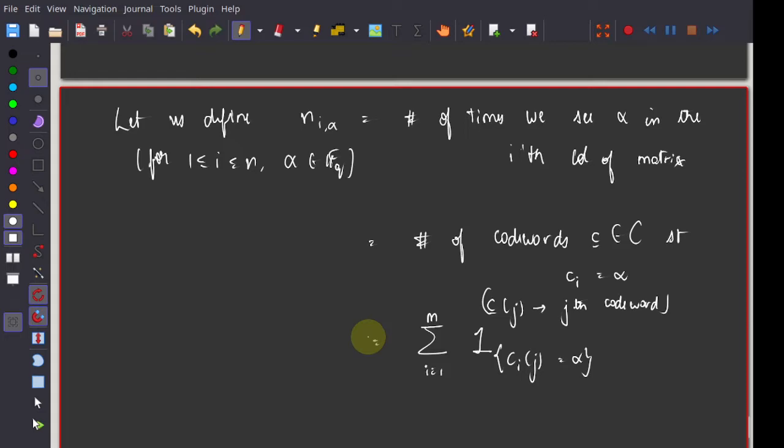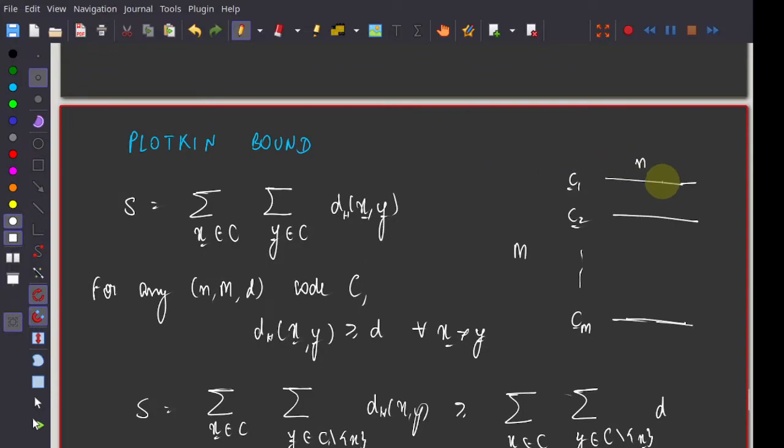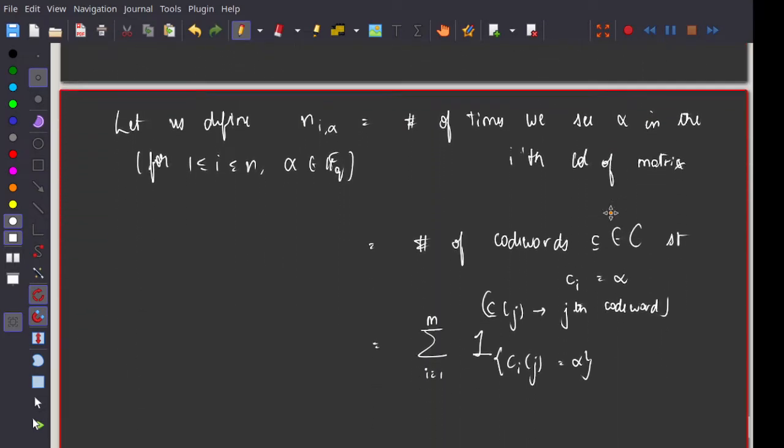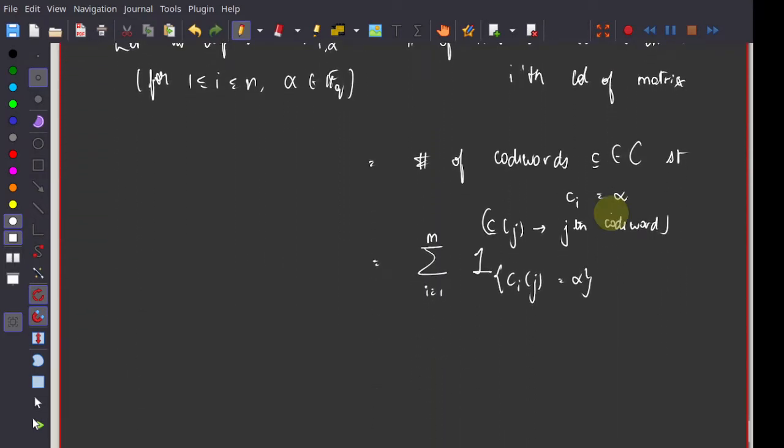Do you all agree? So basically I take one particular column, the ith column. I look at the ith column and I look at the number of alphas in this. Okay.